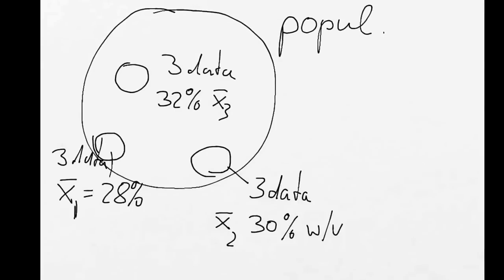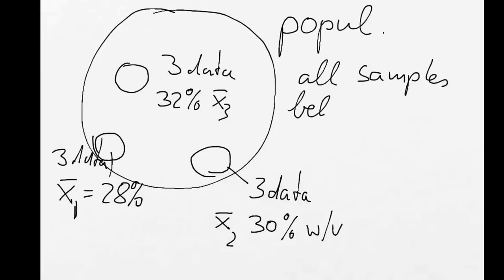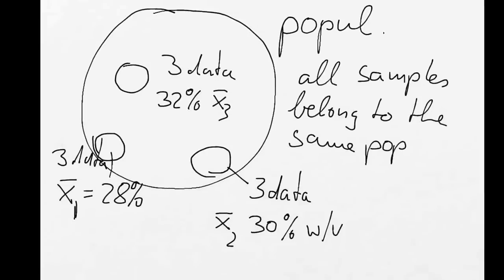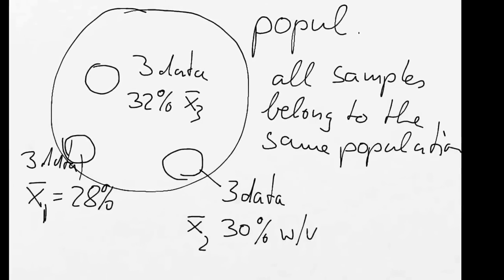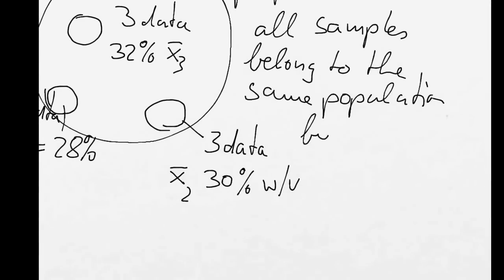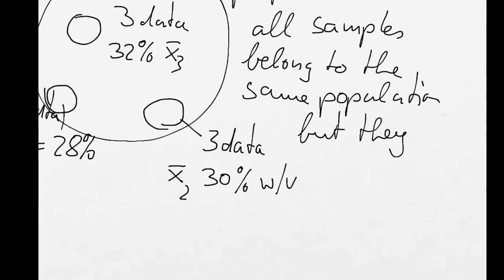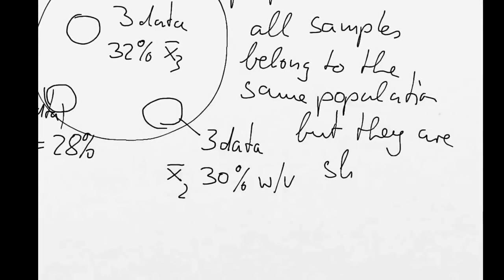The samples still reflect the same population. All samples belong to the same population, but they are slightly different.